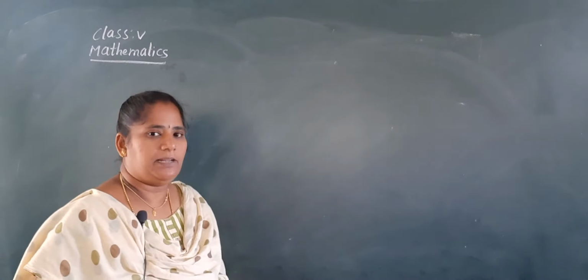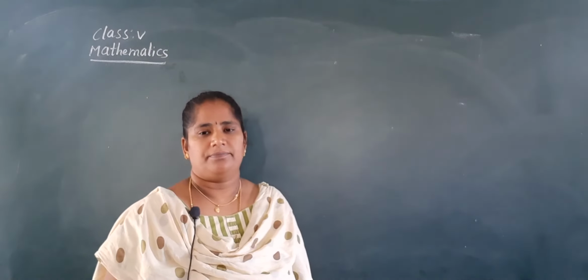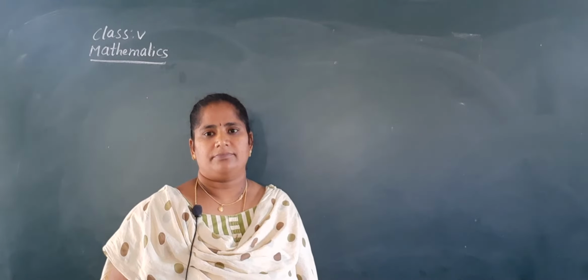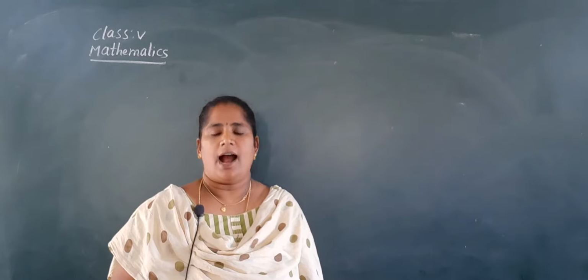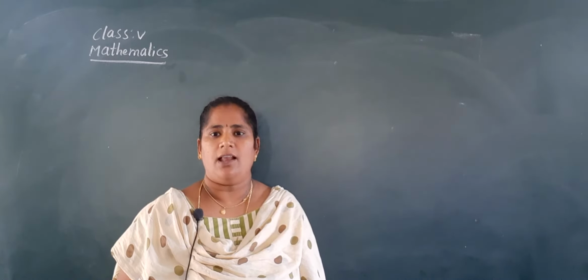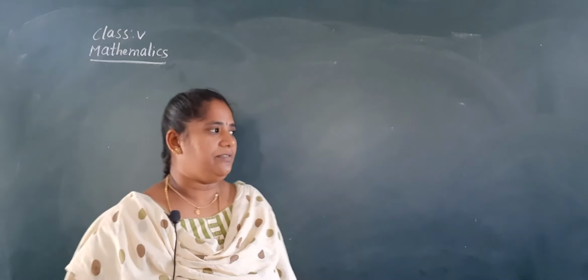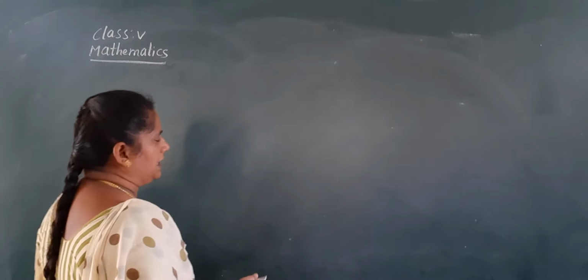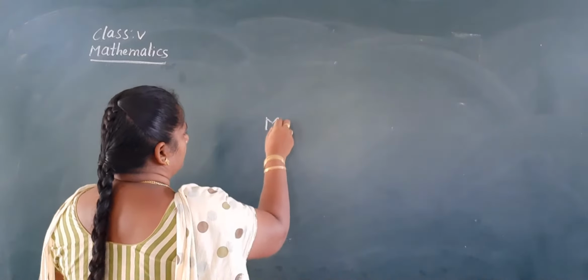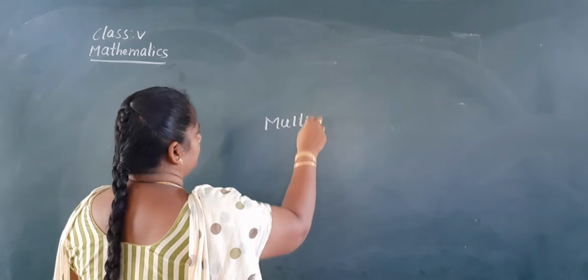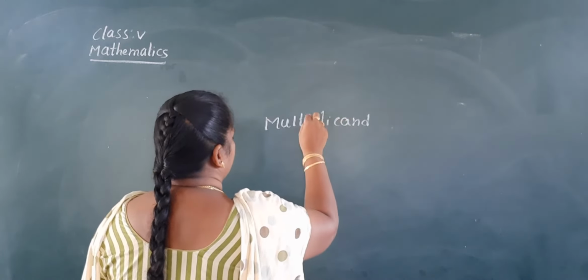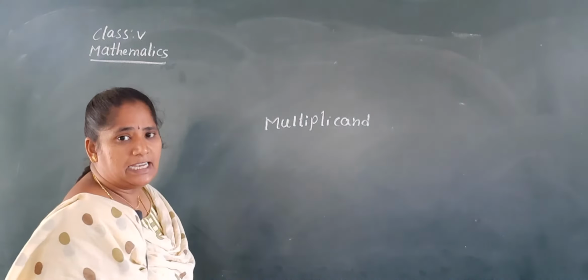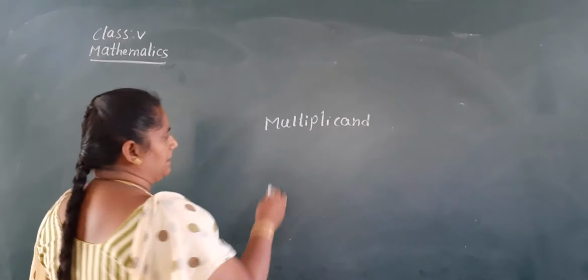Okay, come on, tell me. The symbol for multiplication is "into", and the result of multiplication is called product. So you know that symbol very well, but what is multiplicand and multiplier? The number to be multiplied is called multiplicand.